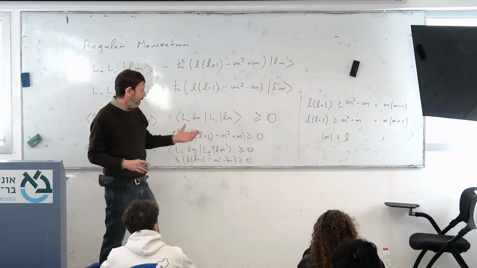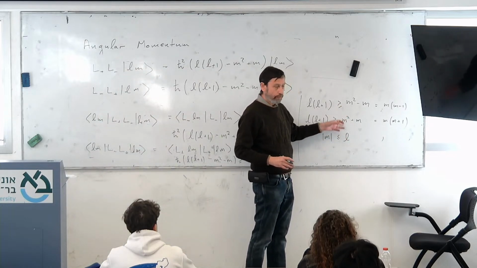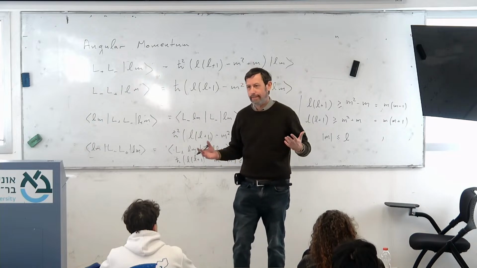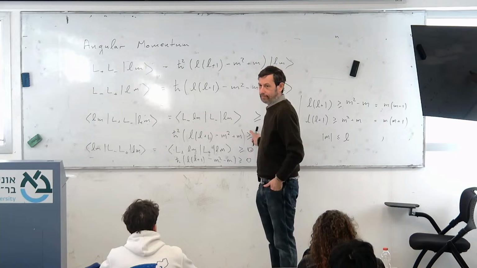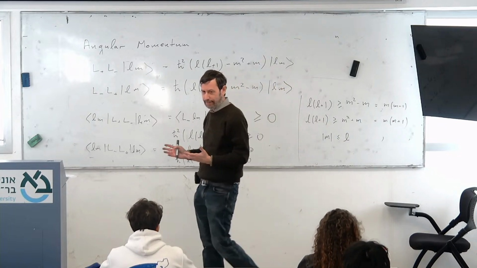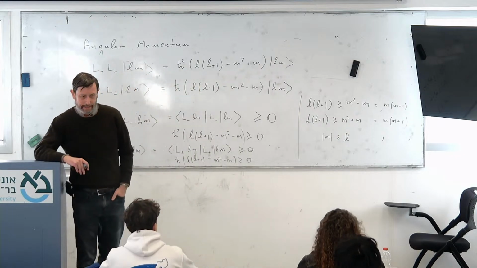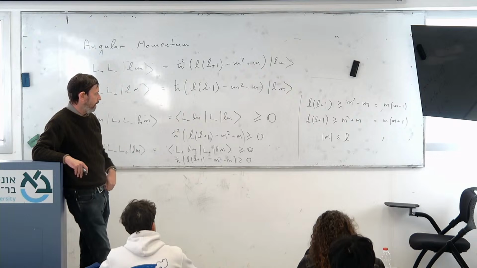If m is larger than L or smaller than minus L, one of these inequalities is not fulfilled. So it's not a norm of a vector, something is wrong. The only way to fulfill the conditions on the norm is that L is larger or equal to m.